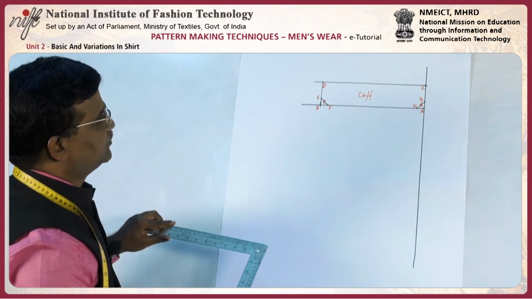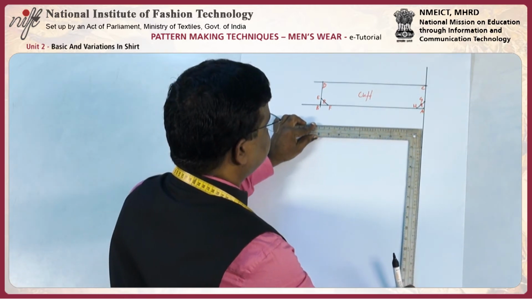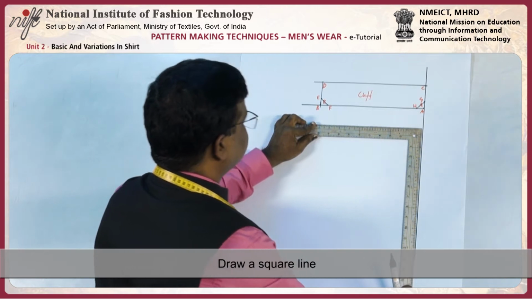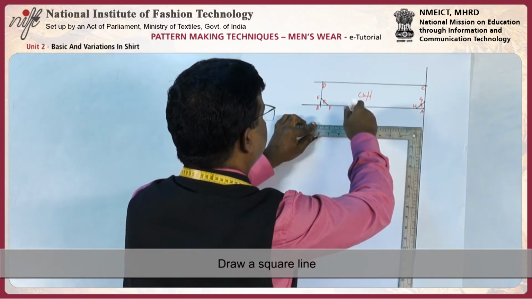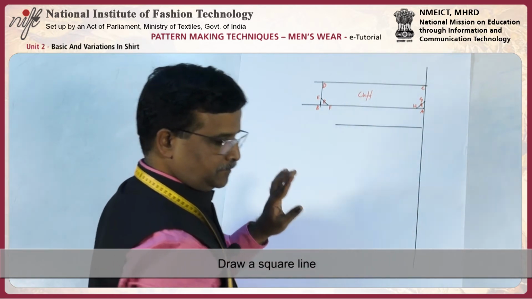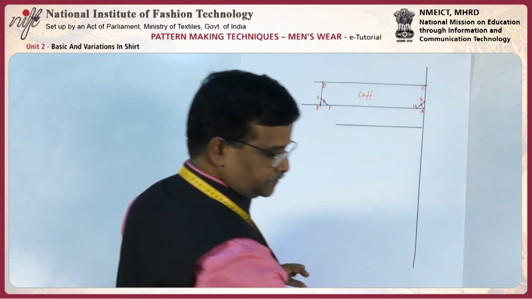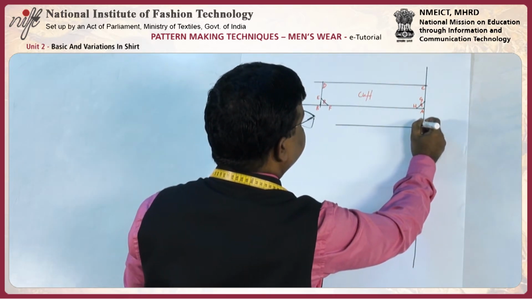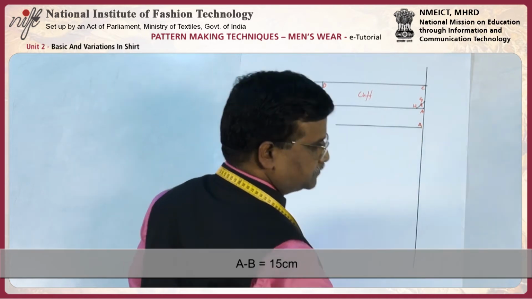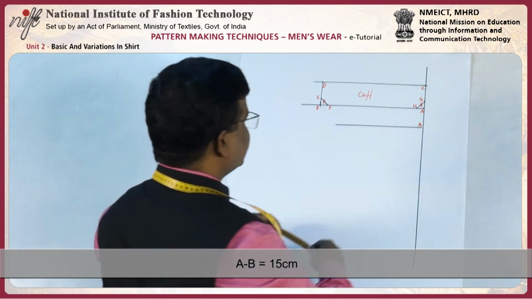Let us draft now cuff placket. Draw square line. Label A. A to B, 15 centimeter.